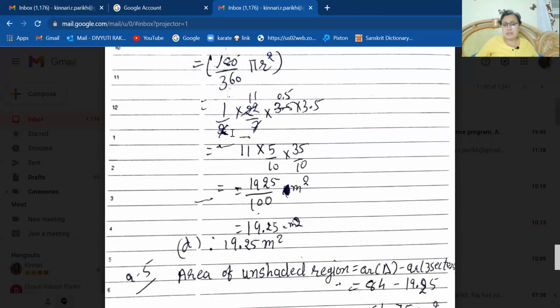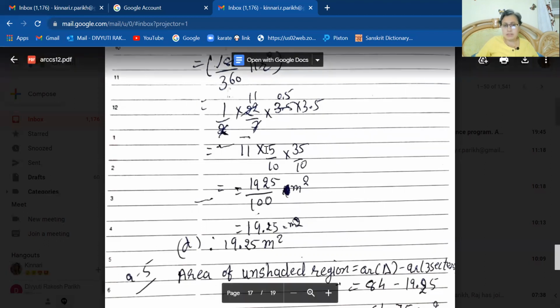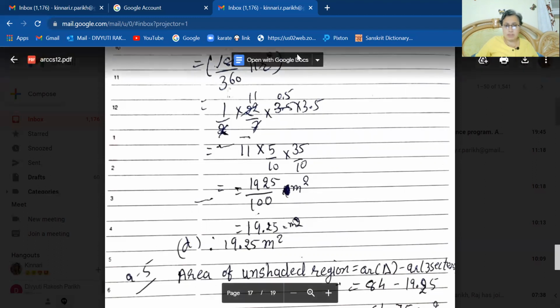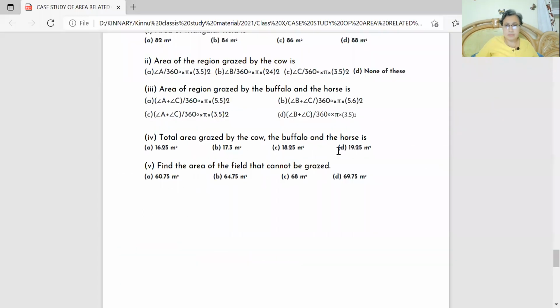It will create more problems for us, because then whatever we multiply, we need to divide by 4, and it will be time consuming, so I am not cutting it. After multiplication I am getting 1925 by 100. So the answer will be 19.25 meter square, right? So option D is the correct answer. 19.25 meter square is the right answer.